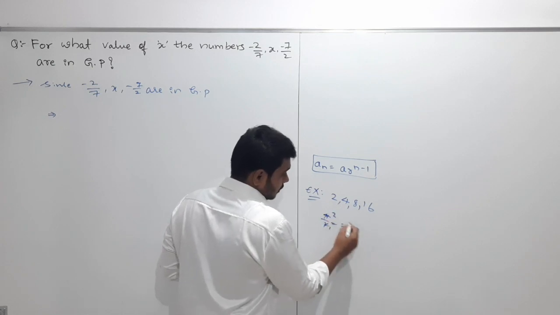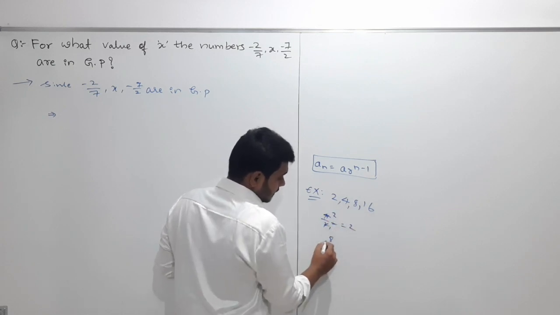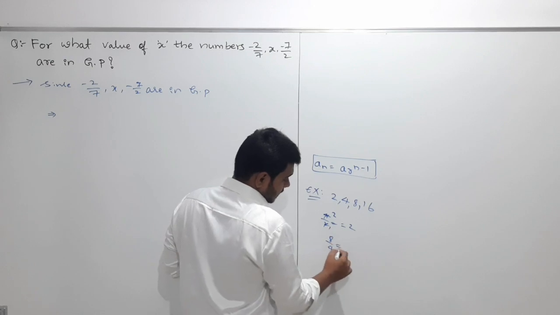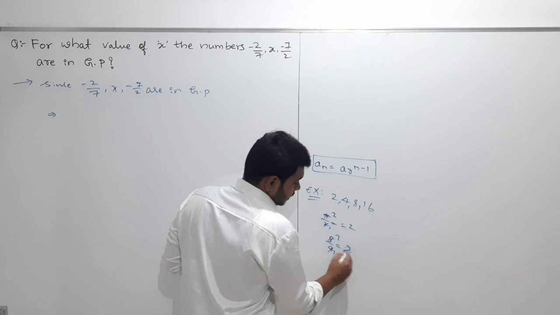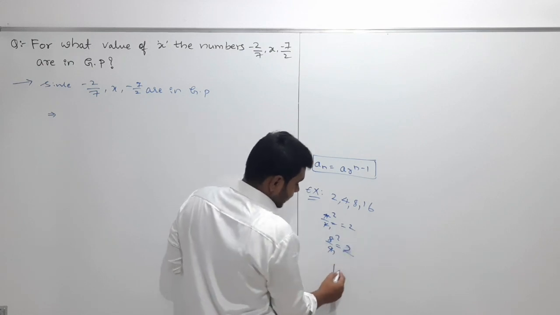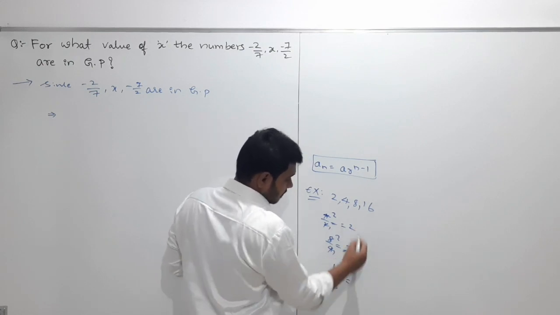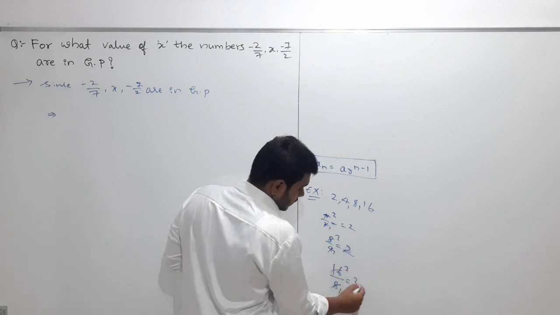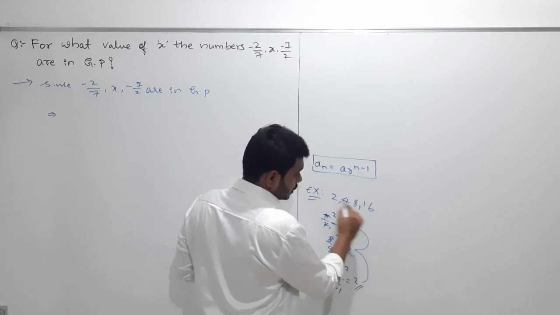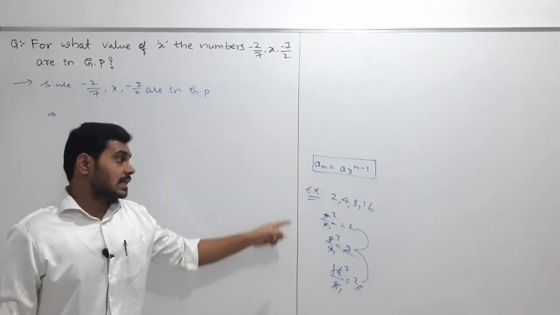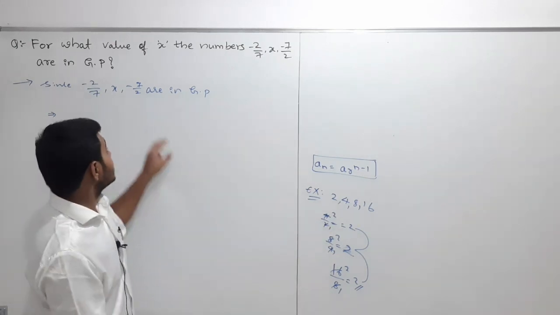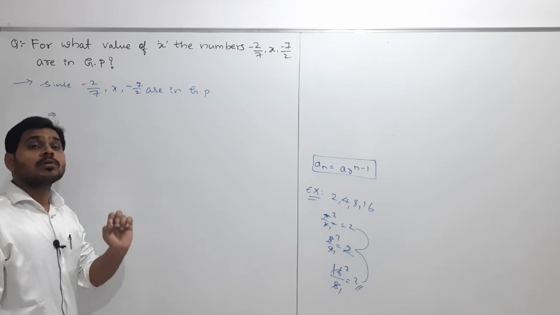Then 8 divided by 4 is 2. Like that, 16 by 8 is also 2. So the common ratio is 2 throughout this sequence, and therefore we can call the given sequence a GP. Clear? So these three numbers also must be in the form of GP.